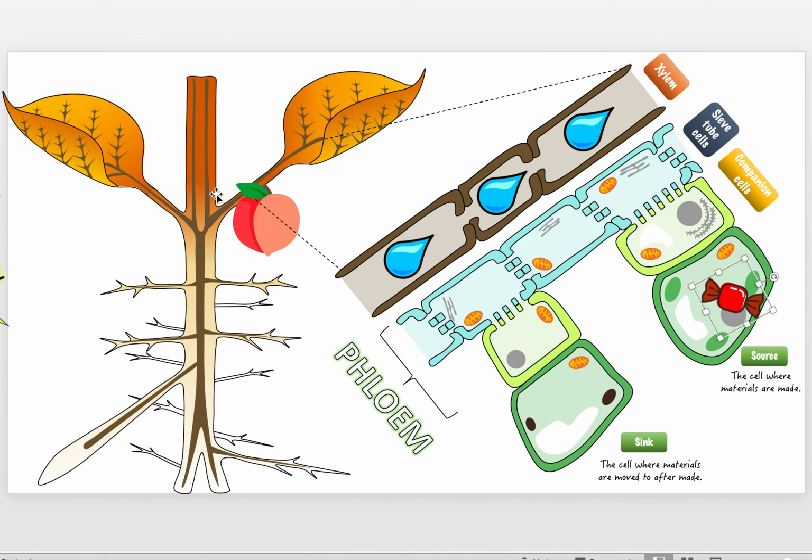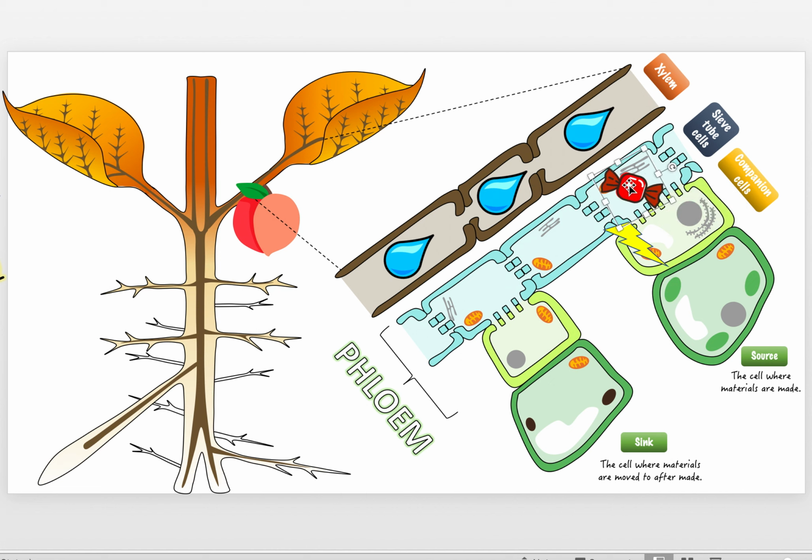And the sink could be the fruit or any other cell that needs this sucrose, that needs this energy, okay? So after it sends it into the companion cell, now the companion cell will spend some energy to transport this organic molecule into the sieve tube cell.